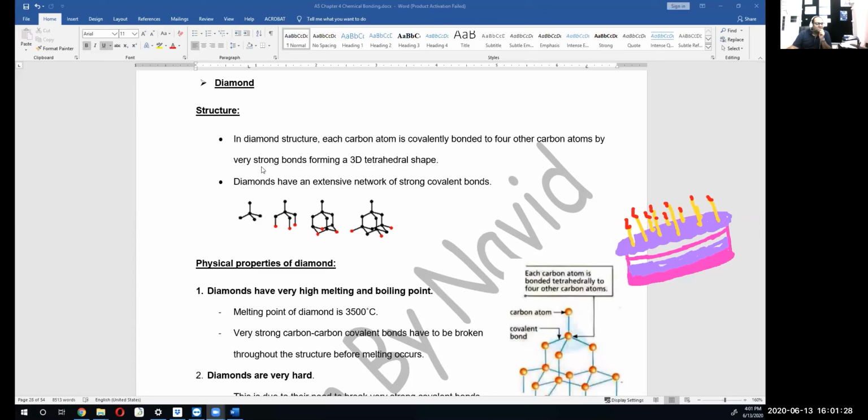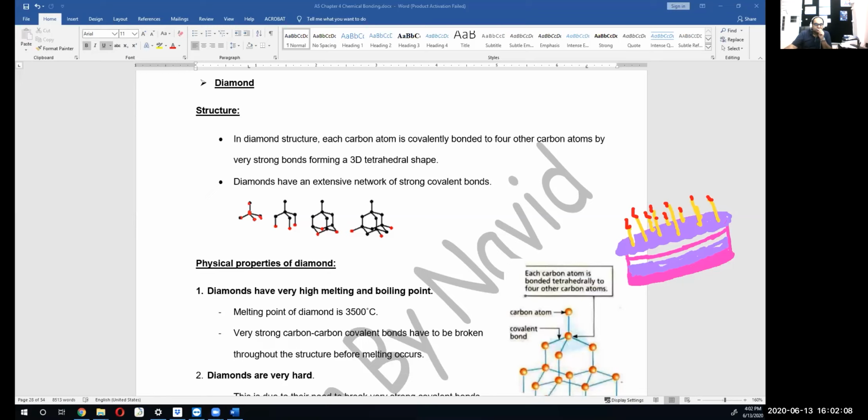So diamond is an example of a giant molecular structure. We know that a carbon can have a maximum of 4 bonds, covalently bonded. So in a diamond, this carbon is bonded to 1, 2, 3, 4.